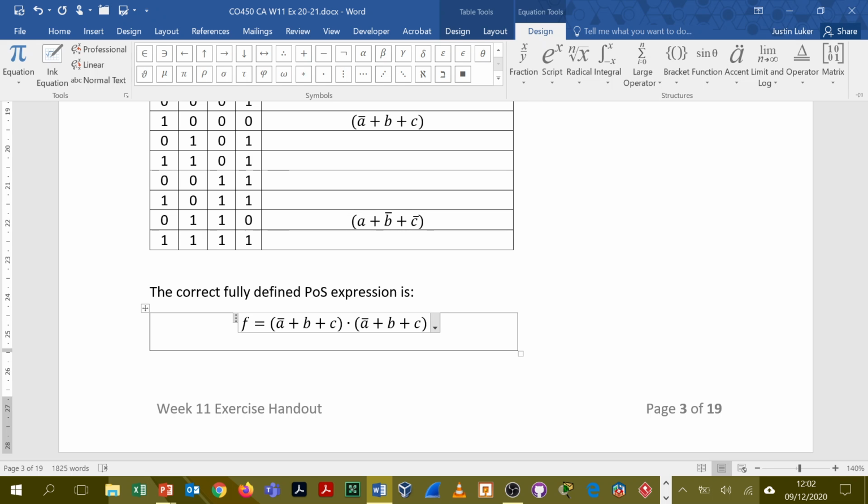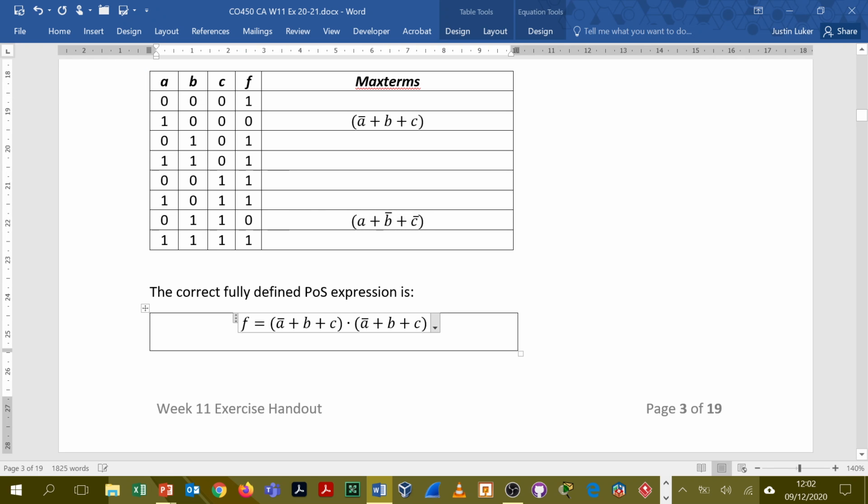And then finally, the final part, which I might as well copy. Yes, just about. Right, okay, oops, I didn't want to do that. Try that instead. There we go, better. So let's just copy that one into there. There we go. So A or not B or not C. So F equals not A or B or C, and A or not B or not C.